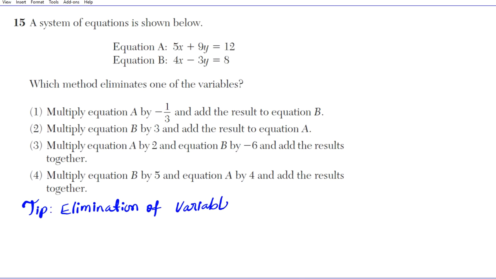In order to eliminate a variable, the bottom line is that the coefficients have to be opposites of one another. Okay, so let's write that down.